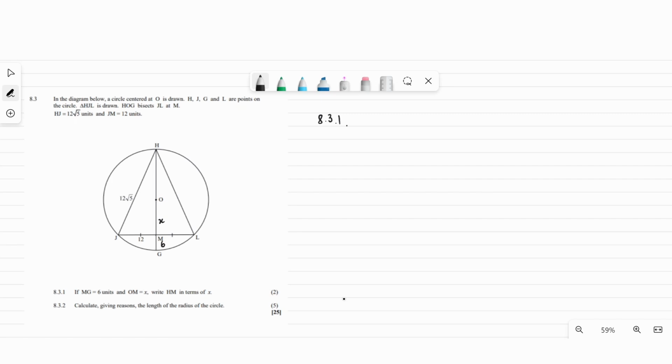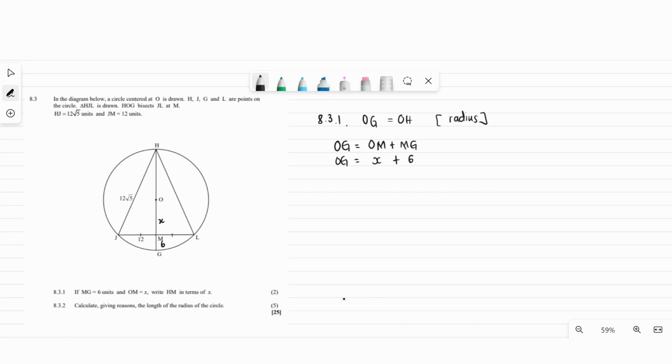Before we move forward, OG is equal to OH, and the reason for that is radius. We want HM. Since OG is equal to OM plus MG, OG is going to be equal to x plus 6. So if this part is x, this is x plus 6.